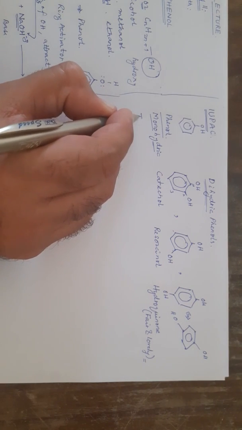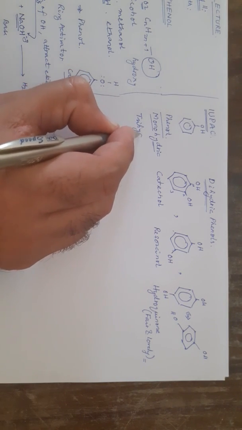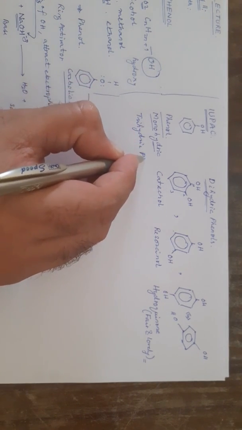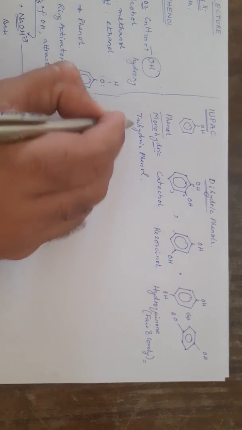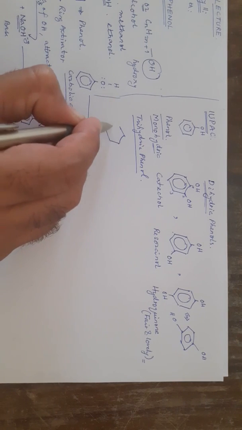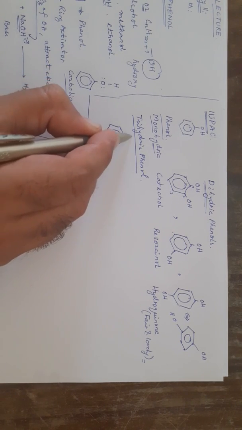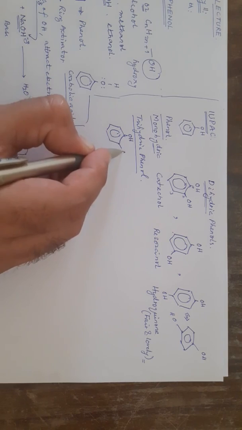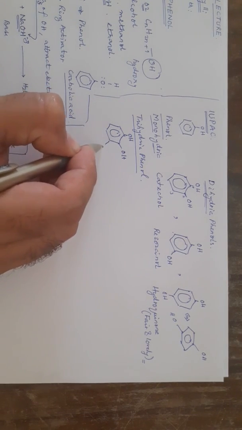There's one trihydric phenol. This trihydric phenol has 3 OH groups. It's obviously a benzene ring with the basic phenol, and it has OH groups like this, in this orientation.